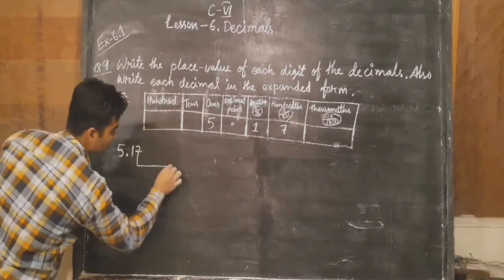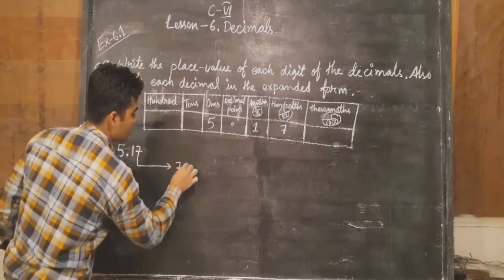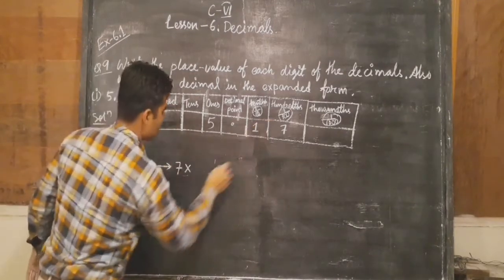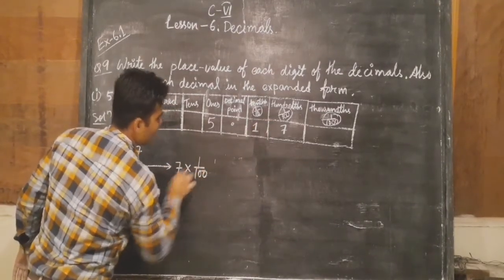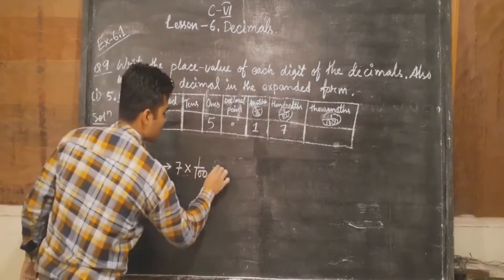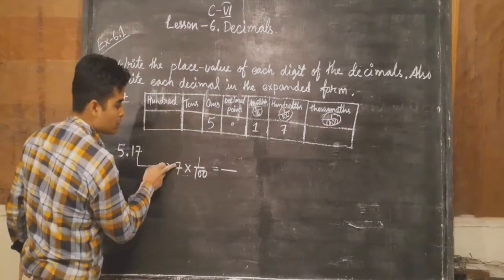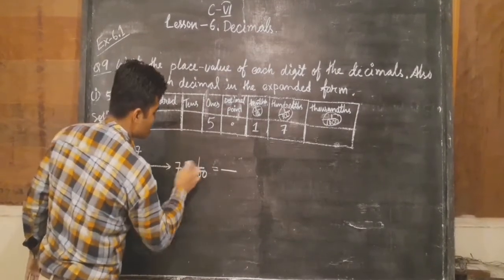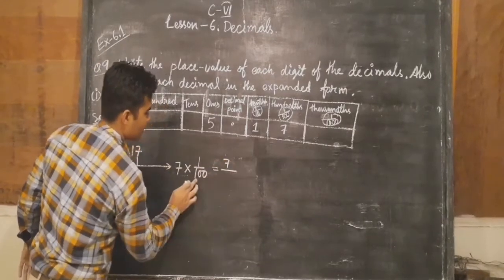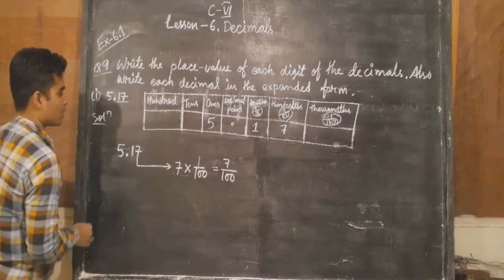So the place value of this digit will be 7 into, in which place? 100 place. So 1 by 100 we have to multiply to this digit. So if we multiply 1 by 100 to this number, this 7 will be multiplied with the numerator. 7 1s are 7 and 100 will be as it was.